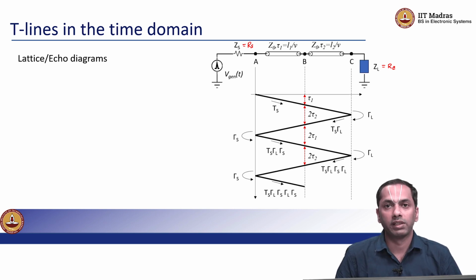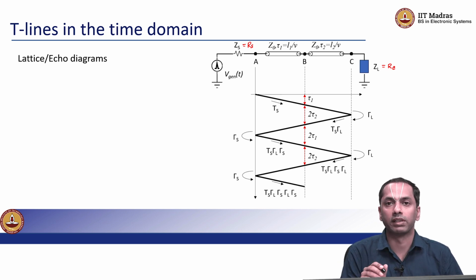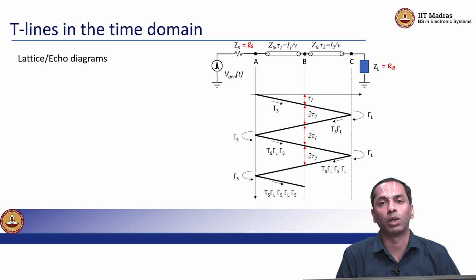So, we notice that if Rs and RL were different from Z0, we would essentially have non-zero values for gamma L and gamma S, right. And we notice that this pulse would bounce back and forth till a steady state is achieved.